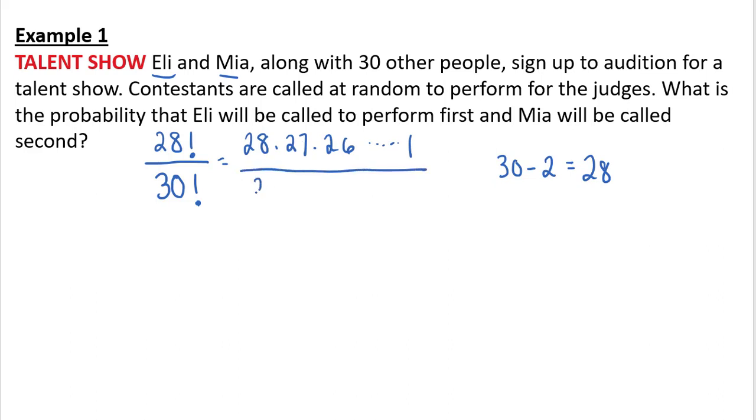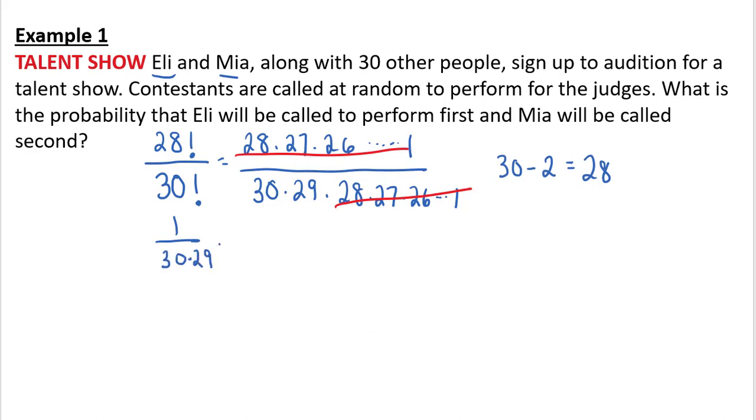And then let's look at 30 factorial: 30 times 29 times 28 times 27 times 26, you see what's happening here, all the way to 1. Well, what cancels? The 28, 27, 26 on the top and the bottom. So really, my answer here is 1 over 30 times 29, which equals 1 over 870.